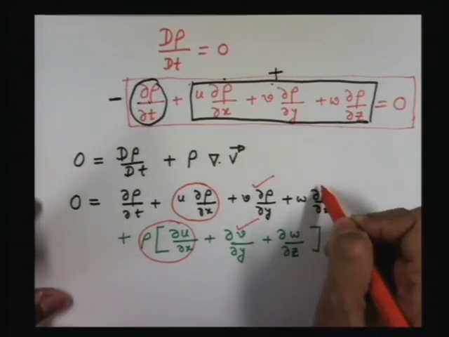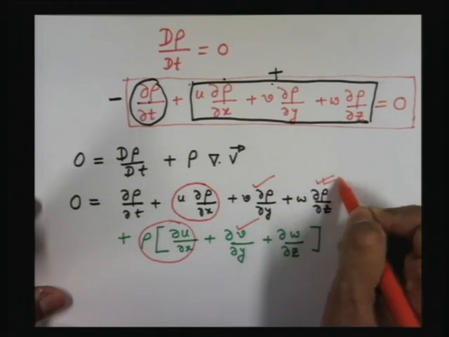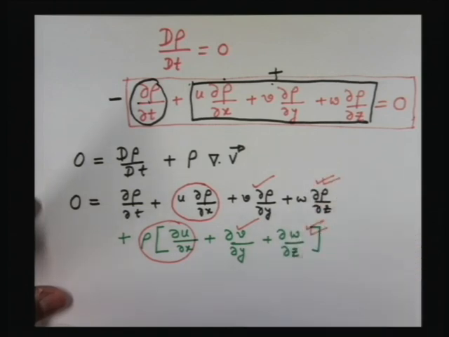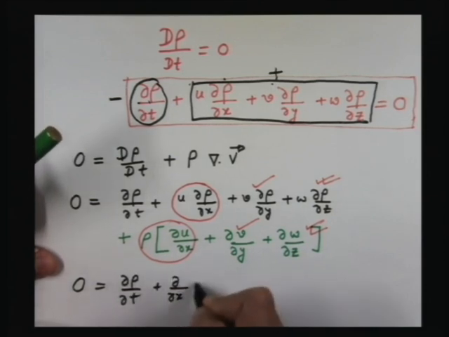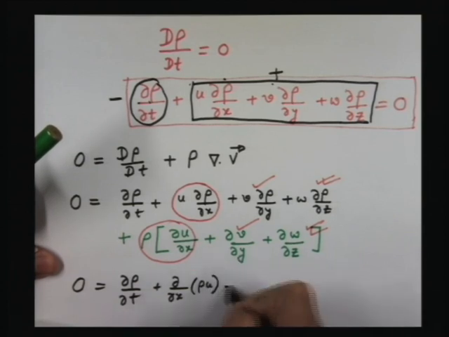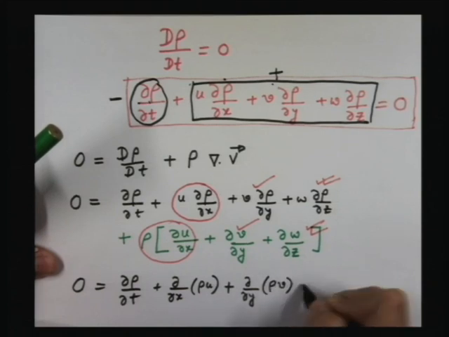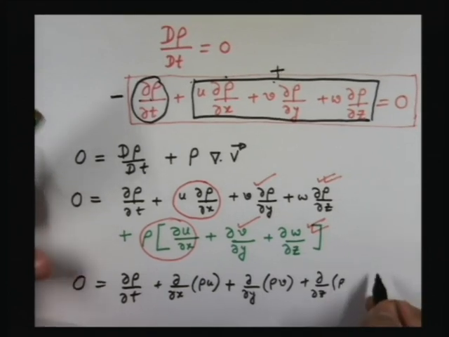And similarly we can combine these two terms, w del rho del z plus rho del w del z, that means del z of rho w. So it becomes 0 is equal to del rho del t plus del x of rho u plus del y of rho v plus del z of rho w.